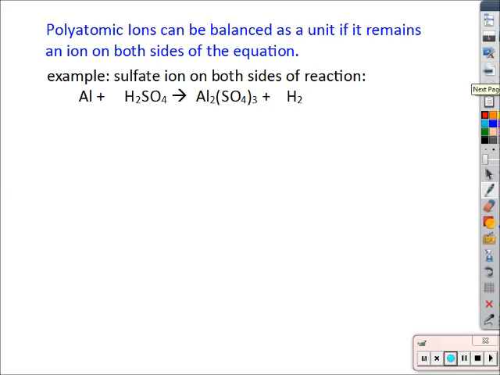If I have a polyatomic ion, remember things from the purple sheet, things that act as a group. When I see it act as a group, it's the same on both sides. What can I do? I can balance it without having to break it apart. Now you could break this apart and balance oxygen and sulfur separately. But if it's the same on both sides, you can actually balance it as a sulfate ion and a sulfate ion.